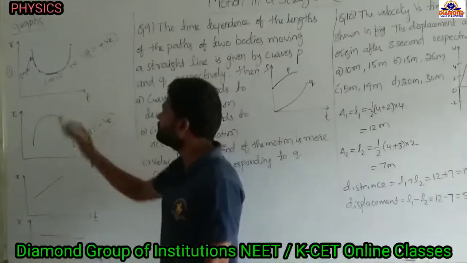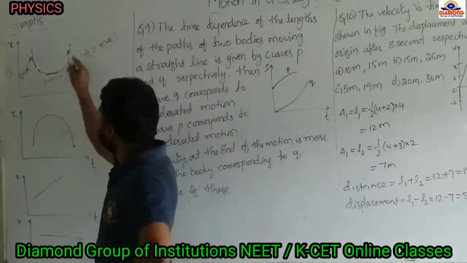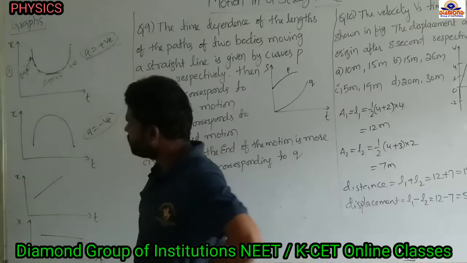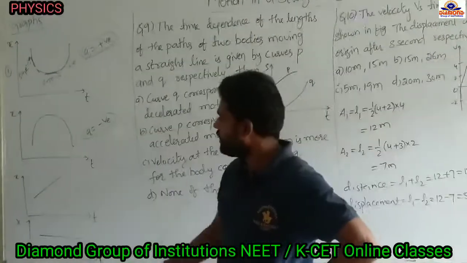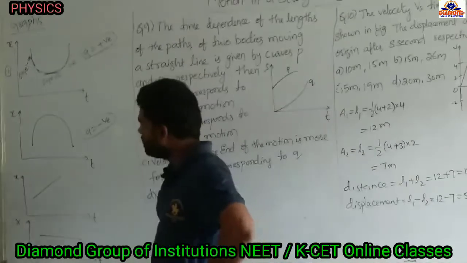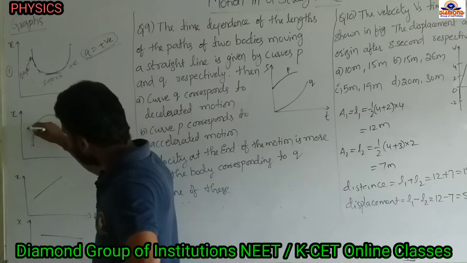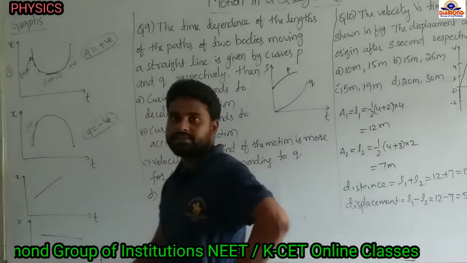Suppose they ask this type of graph: if the parabola is upward, then acceleration is positive. If the parabola is downward, then acceleration is negative. Throughout this motion, acceleration is negative. Suppose we consider this one: here the slope is positive, so velocity is positive.